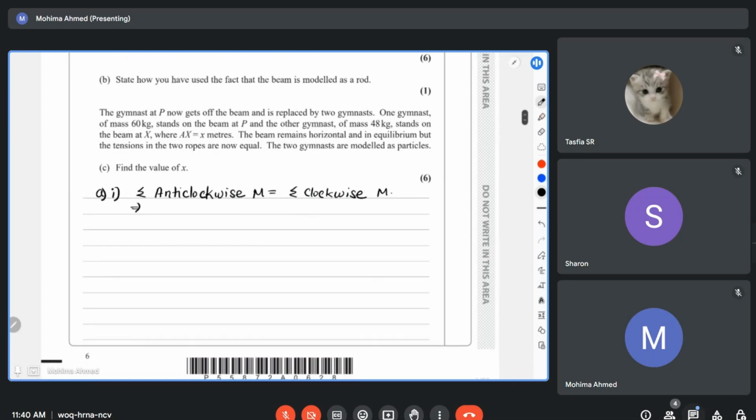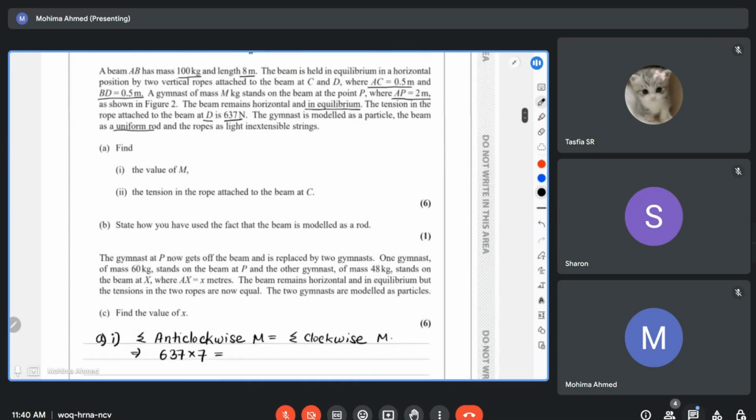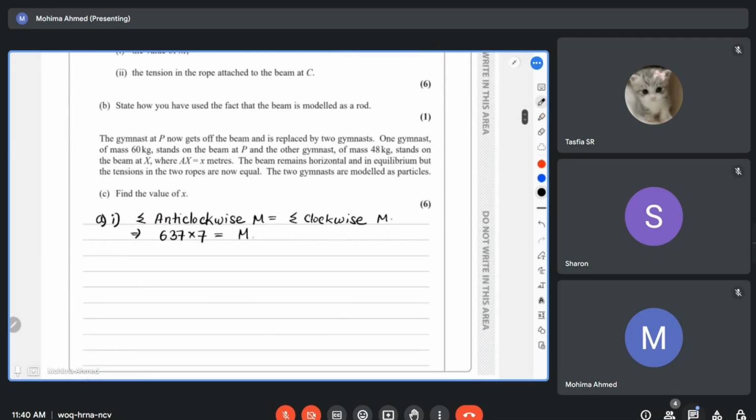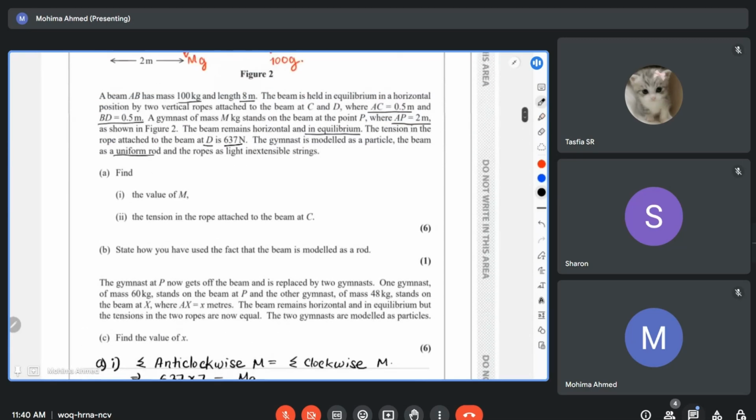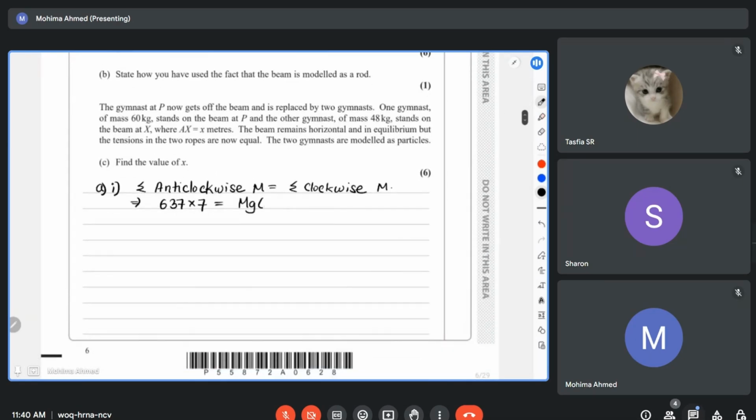In the anti-clockwise moment you had forces like 637 multiplied with 7, and in the clockwise moment you had m multiplied with 1.5. It will be mg, because m was in kg, right? Yes, m was in kg, so it will be mg multiplied with 1.5, adding this with 100g multiplied with 3.5.